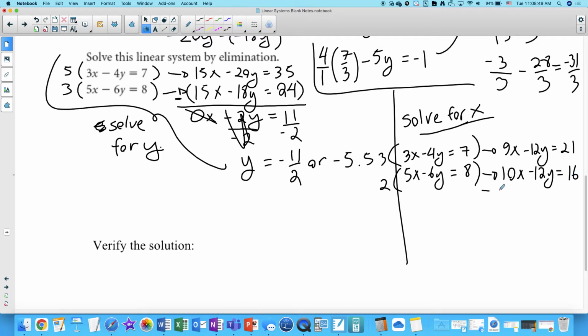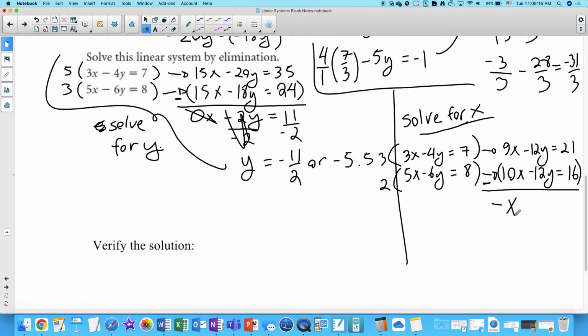Okay, and then I can add or subtract these together to get the x variable. What do I have to do in this case? Subtract, right, because the coefficients are the same. And just remember to be careful of the fact that the subtraction applies to all three terms, okay? So 9x minus 10x is not x, it's negative x, or negative 1x.